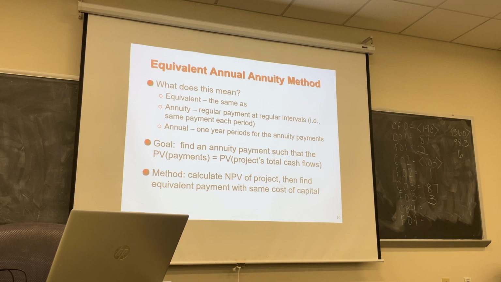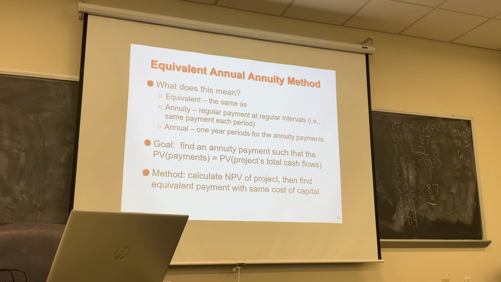As I mentioned, equivalent annual annuity. Equivalent is the same as, an annuity is a regular payment at a regular interval, and annual. So we are looking at 1 year periods for those annuity payments.